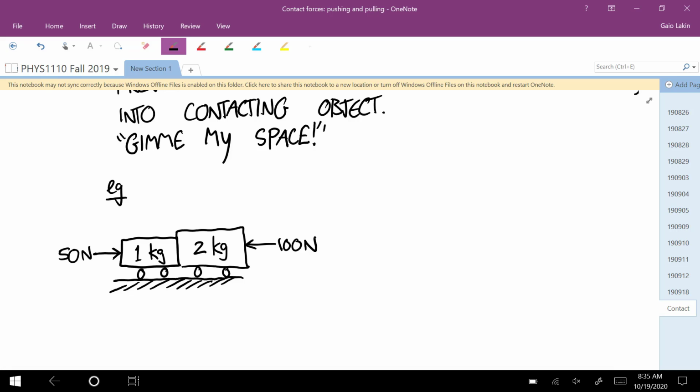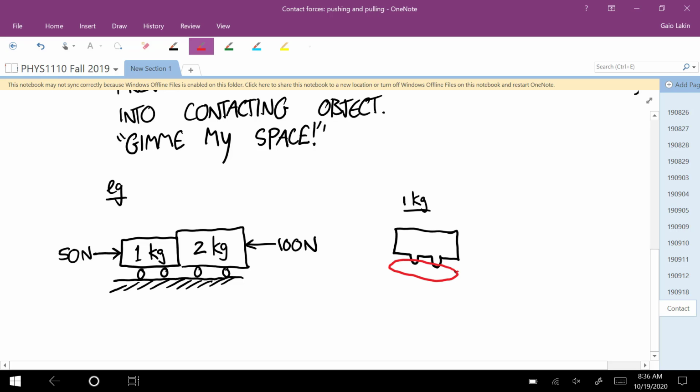Okay, so where do we see these pushing forces? Well, if we think of the 1 kilogram cart, and I'll draw the boundary of that cart the way we do free body diagrams, we see pushing contact forces on our chosen object here because the ground is keeping the cart from sinking into it.